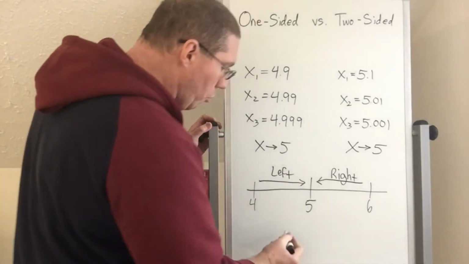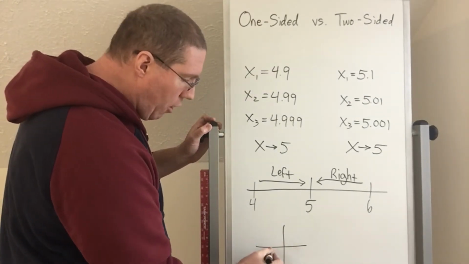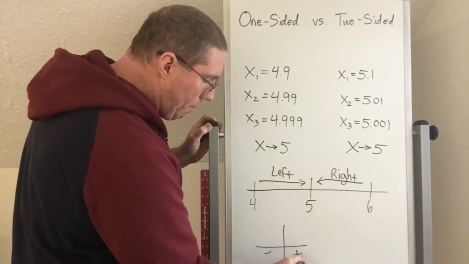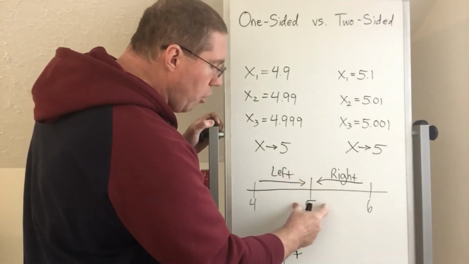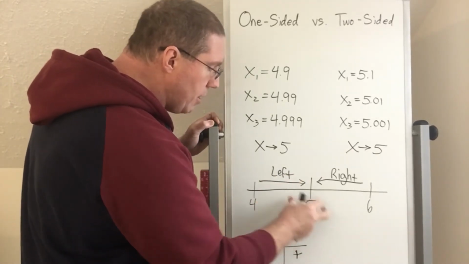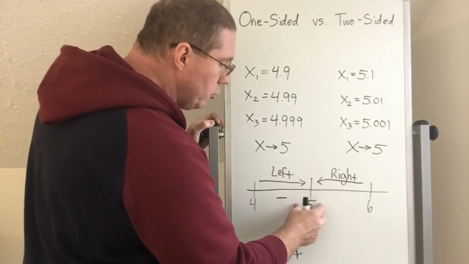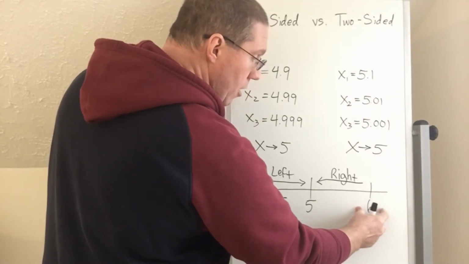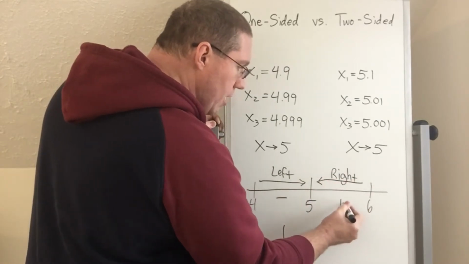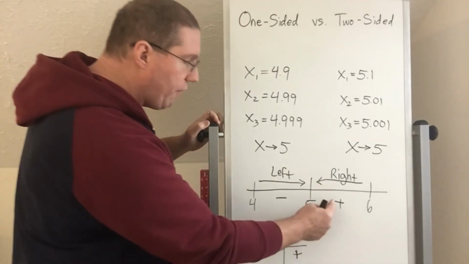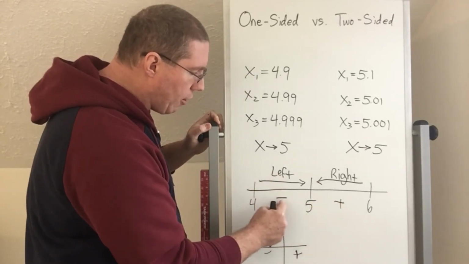So if you have a coordinate plane, here's the left side of the coordinate plane. All the x values are negative on the left side, and all the x values are positive on the right side, right? And so to approach a number from smaller numbers means to approach from the left side or the negative side, and to approach 5 from a larger set of numbers, that means you're going backwards, and you're approaching 5 from the right or from the positive side, okay? Or all the values that are larger than 5, whereas on the left, it's all the numbers that are smaller than 5.